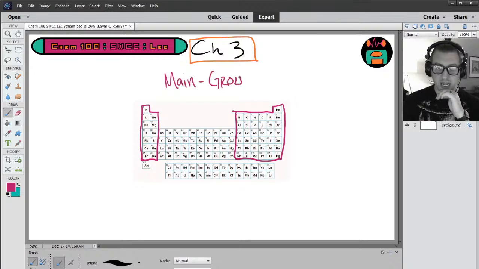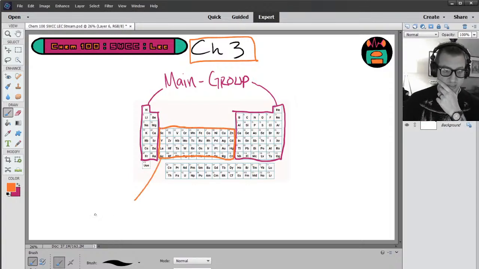Kind of either side of the periodic table, here and here. All right, and then this area down in the middle, these are our transition metals right here.